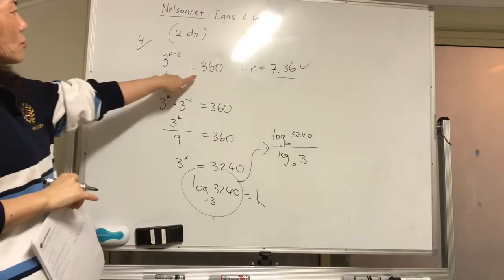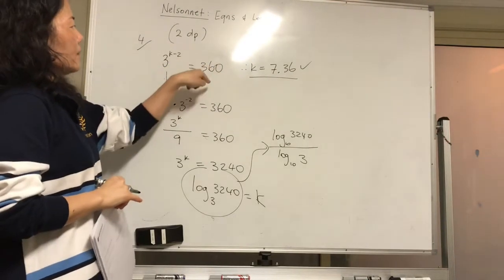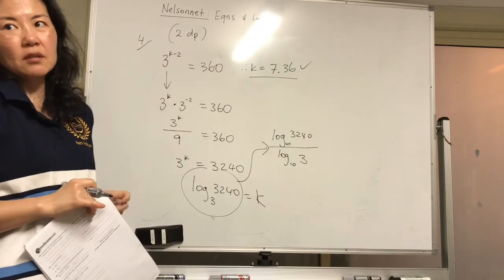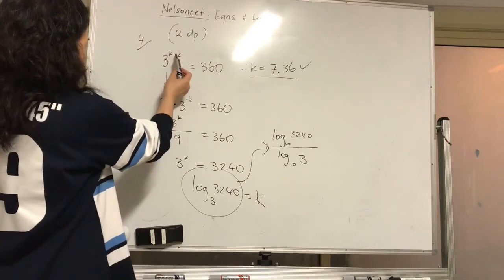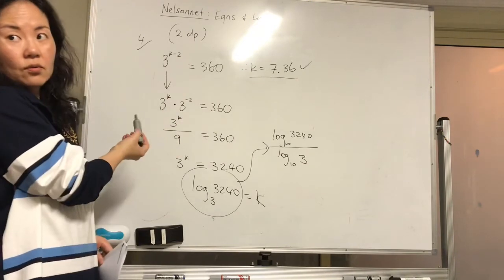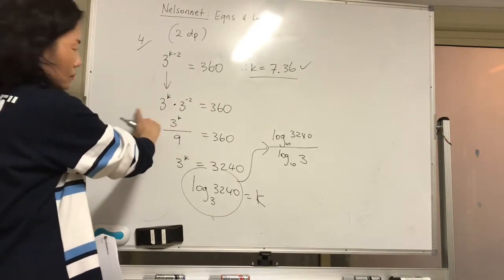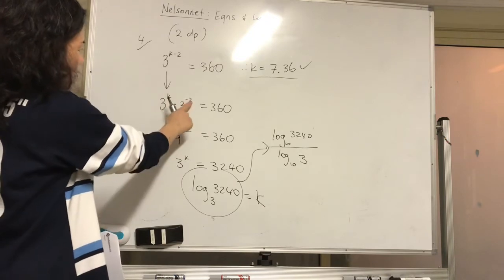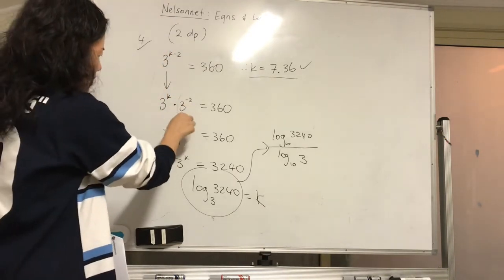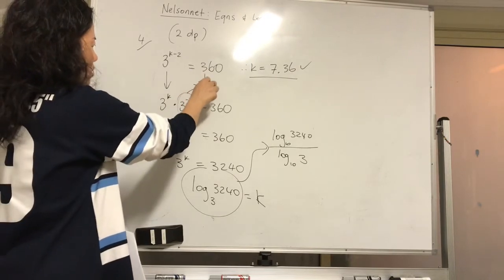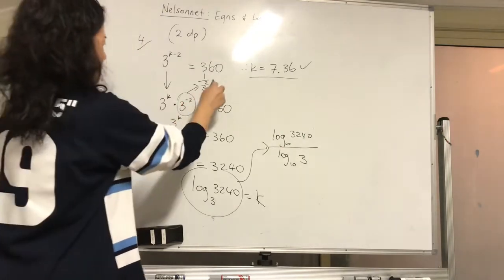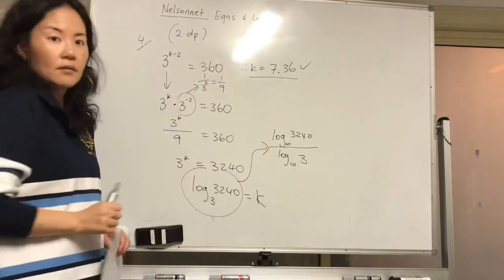So I tried to do it making this one, but then the answer said 2 decimal places, so it's not going to be a perfect one, is it? So what I've done is I separated this, the power K minus 2. It's like this in the index law. Do you remember the index law? Yeah. So I separate it because when you put it together, you will get that. That is 1 over 3 squared, which is 1 over 9, isn't it?